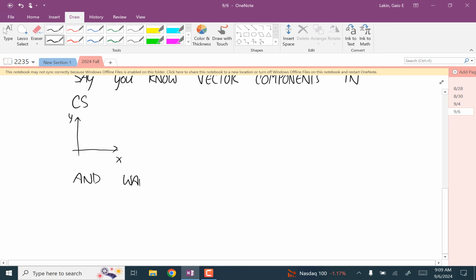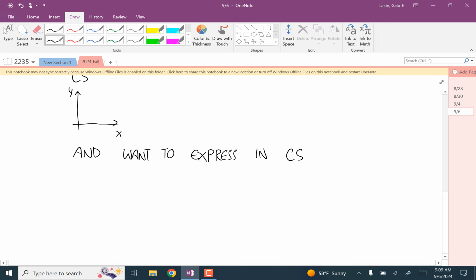And you want to express them in a coordinate system like so, let's say here's the horizontal, and you want to express them in a coordinate system like this, where this angle, the counterclockwise angle from the old x-axis to the new x-axis, is theta.